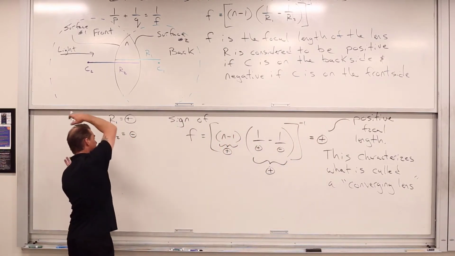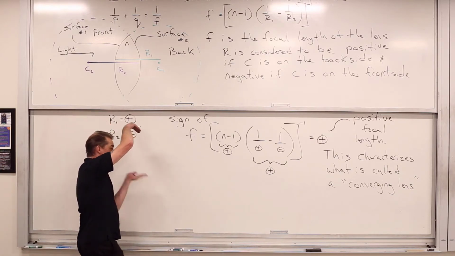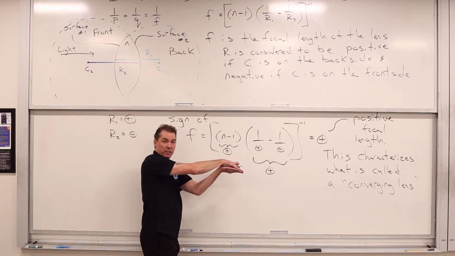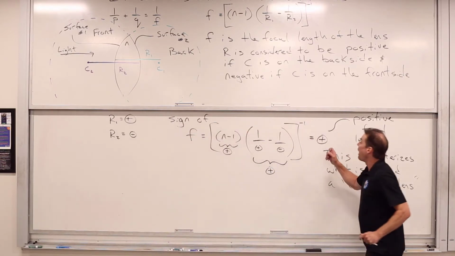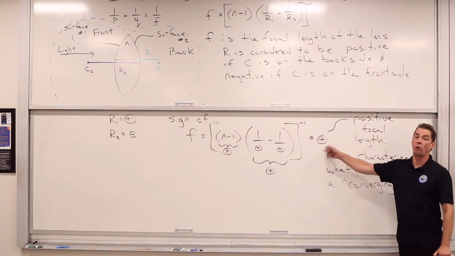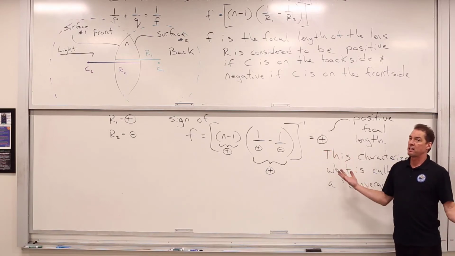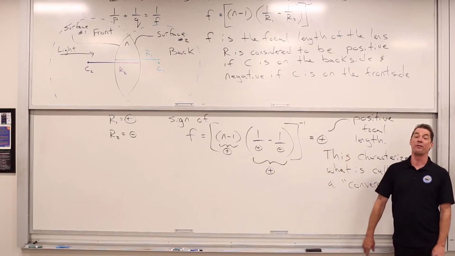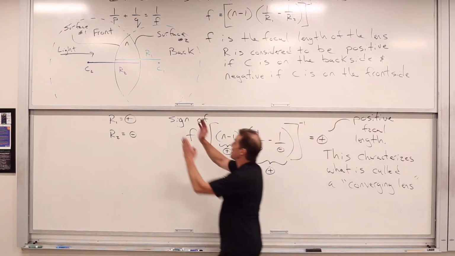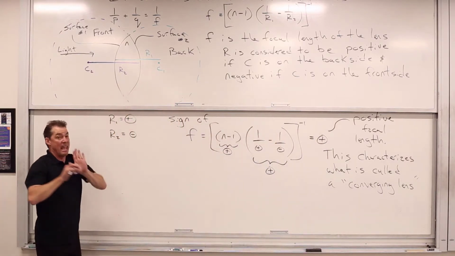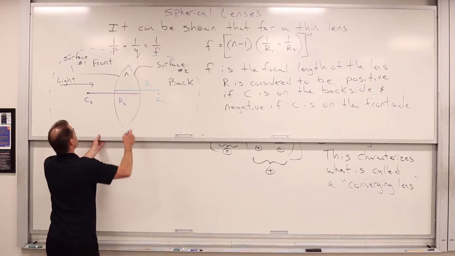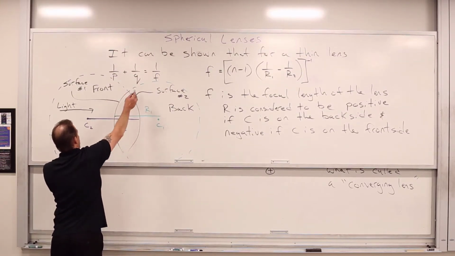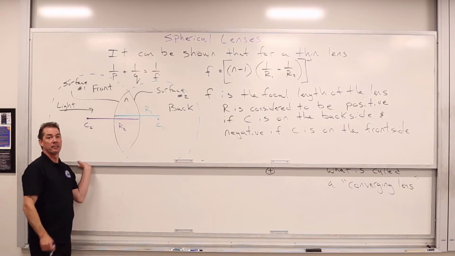A converging lens will take parallel incoming light rays and force them to a point of convergence, the focal point. And that corresponds specifically with a positive focal length. So if a lens has a positive focal length, it is a converging lens. A lens that has this particular shape will naturally be a converging lens, where we have one surface convex, the other surface concave. Convex, concave.